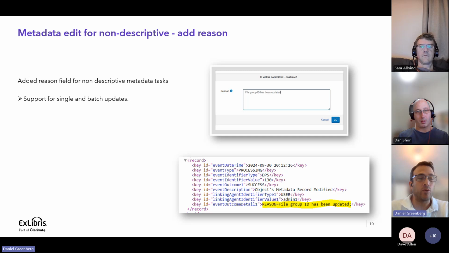This was discussed with the customers, and also for simplicity, there is a reason per commit. That way you just have to put in the reason once. You don't have to put it in multiple times for every small change that you do in a single session. And that will then be stored in the event of the change that you are doing. The event could be add metadata, it could be change metadata.